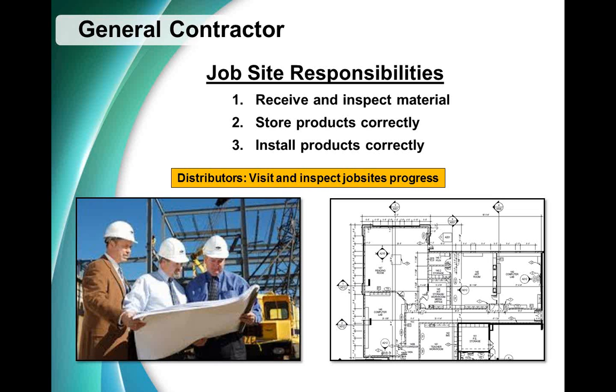Their responsibility is to ensure that everything is going well, because that step offsets long-term back charges, which are very critical in the construction process. It's the manufacturer's responsibility, along with distribution, to do everything we can to offset any type of future back charges. That's a lot of this standard that we're going to talk about.